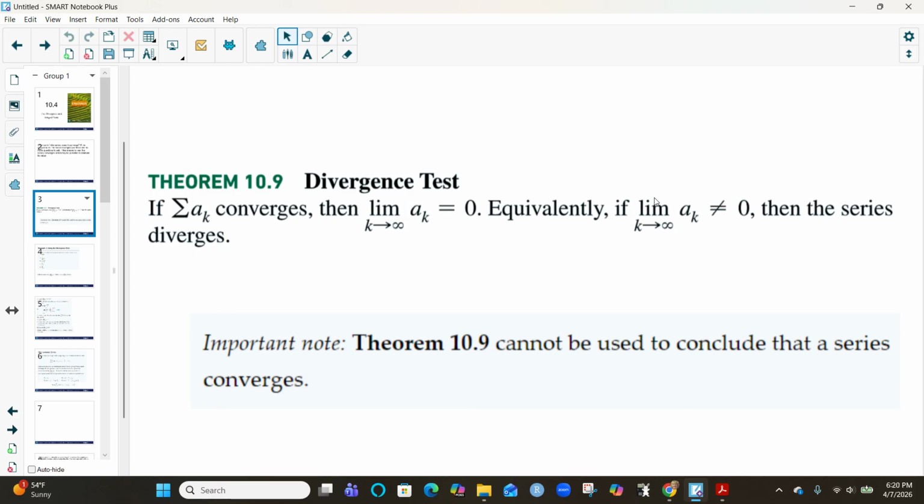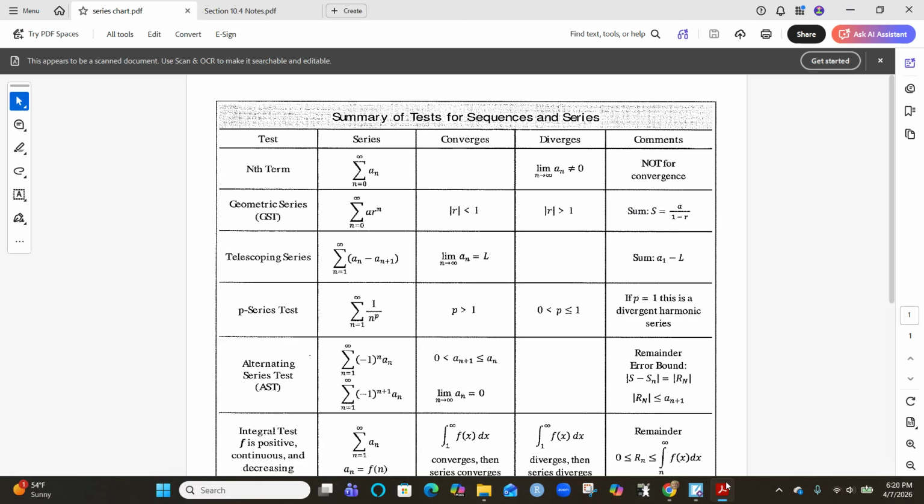Now, if the limit of the sequence is not 0, then automatically we can say the series diverges and be done with the problem. The important note, of course, is that theorem 10.9, the divergence test, cannot be used to conclude that a series converges. And again, that's what you're seeing right here with the blank box. We have no way of using this particular test to determine convergence.